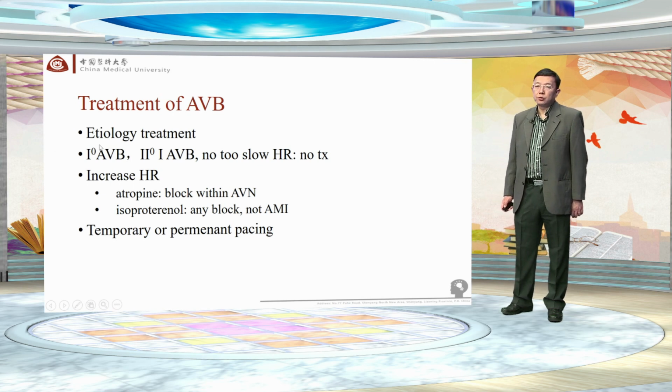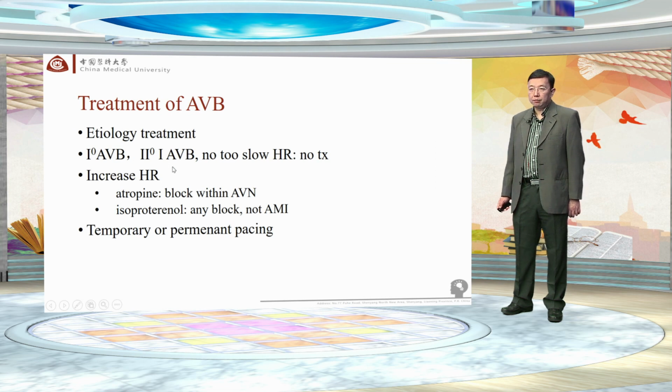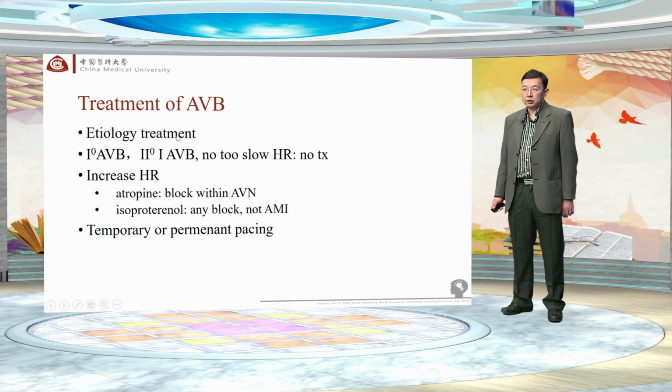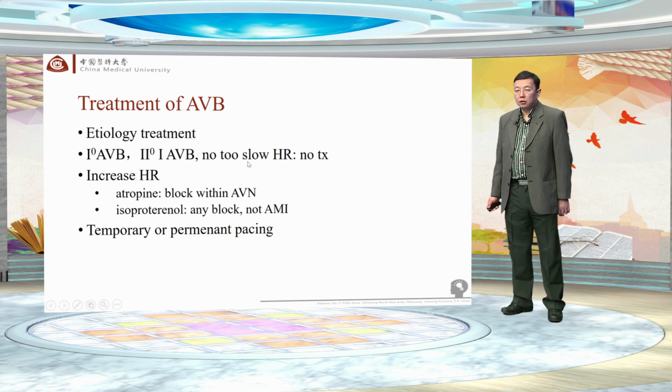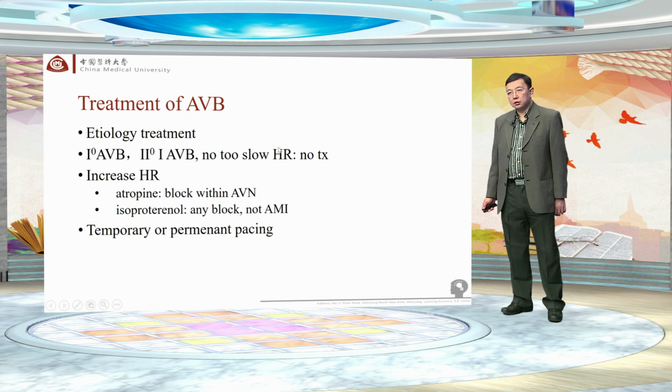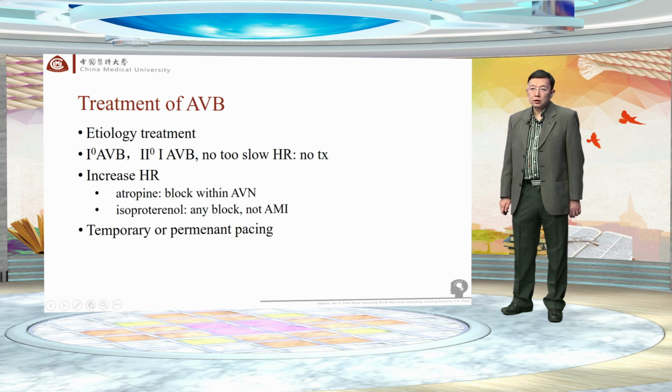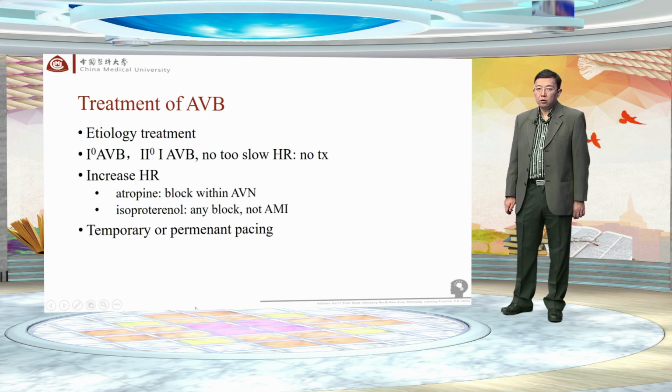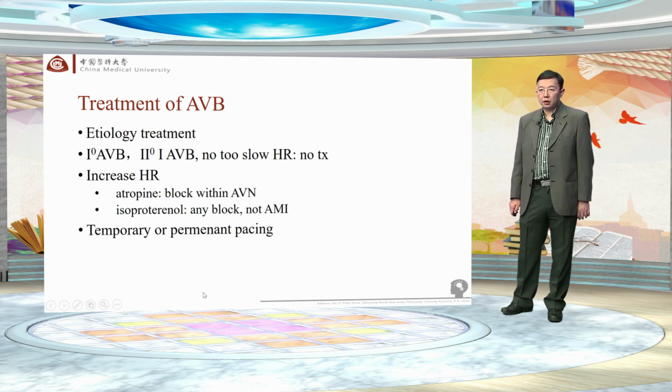For patients with first degree AV block with no cause, we needn't treat. For Mobitz type 1 block, the heart rate may not be too low, and this patient needn't any treatment. If the heart rate is very low, we may give the patient drugs.